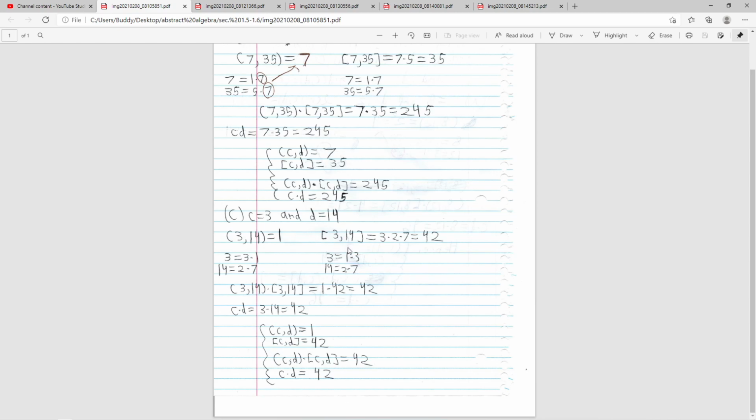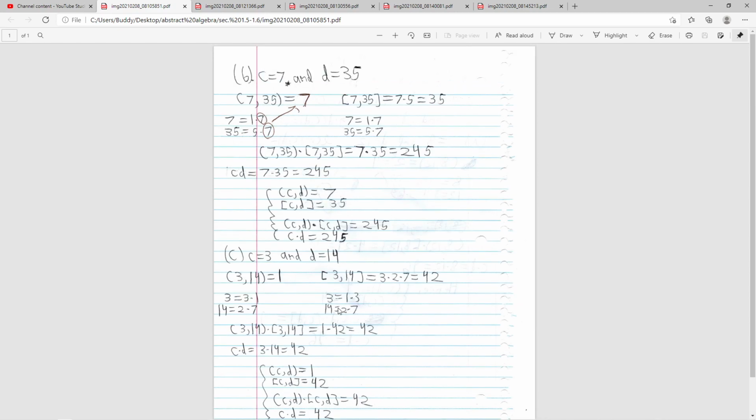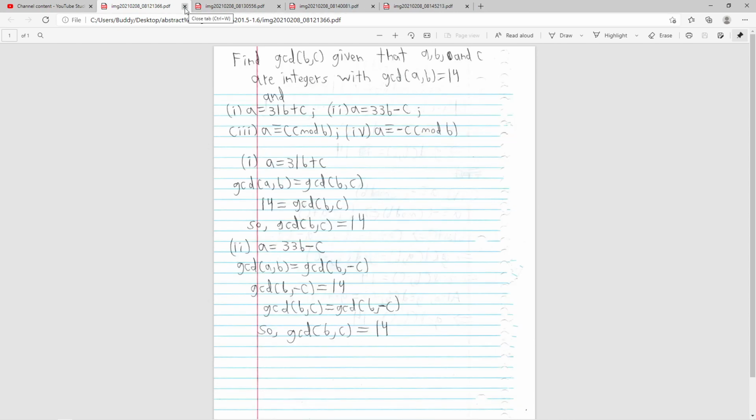The least common multiple is 3 times 2 times 7, which equals 42, because they factor down to 2 times 7 and 1 times 3. So the GCD times the LCM equals 1 times 42, which equals 42. And of course C times D is 3 times 14, which equals 42. So that's just a use of least common multiple calculations.